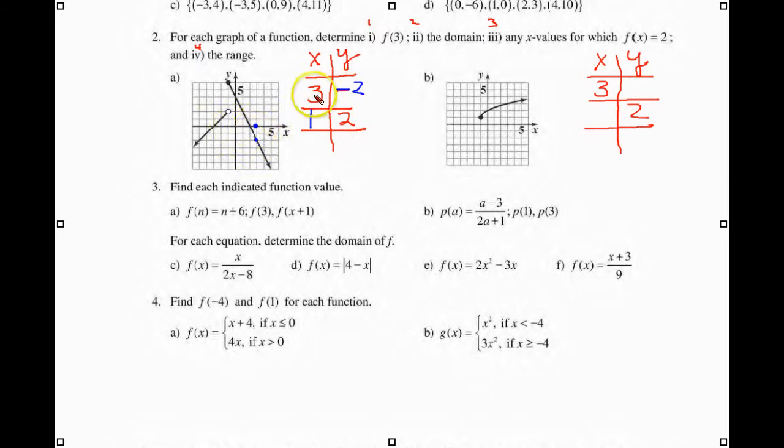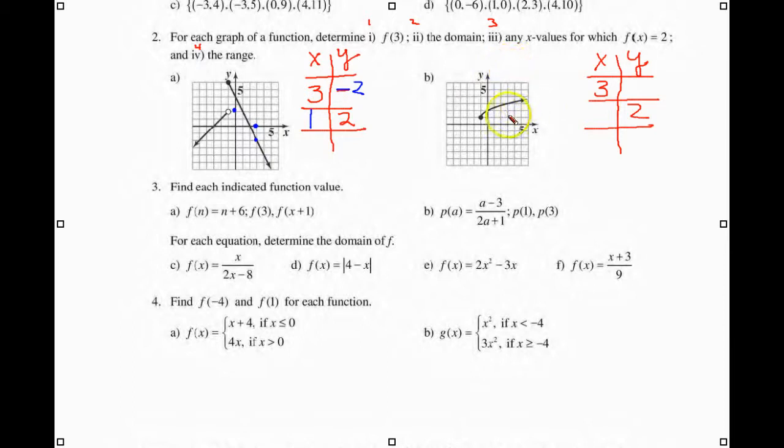So if x is 3, the point is 3, negative 2, right there. Now they're saying y is 2. Well, where is y equal to 2? Y is 2 right there. And what is x then? X there is 1. So looking at this graph, we were able to get these 2 points.